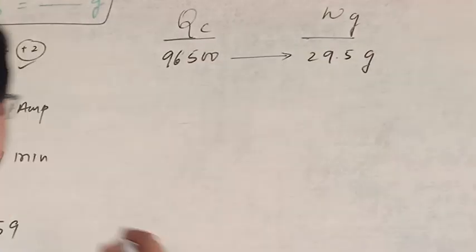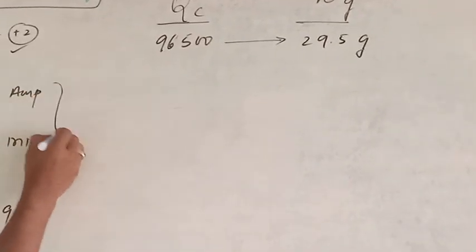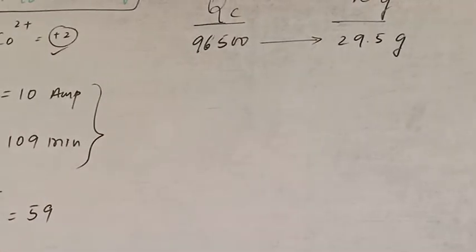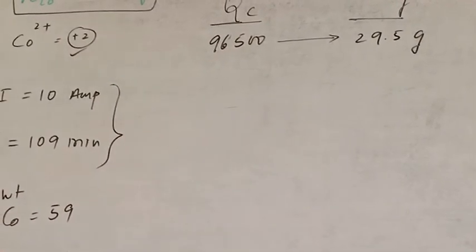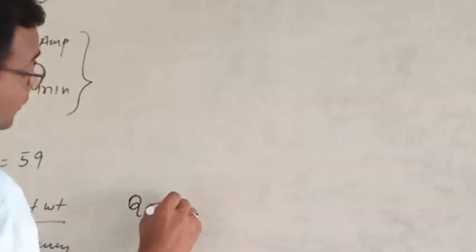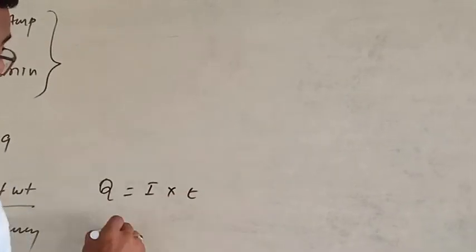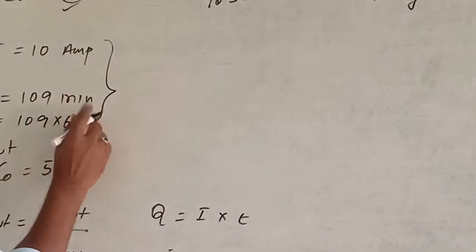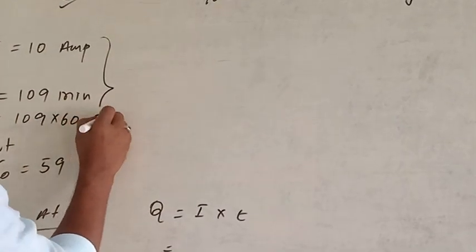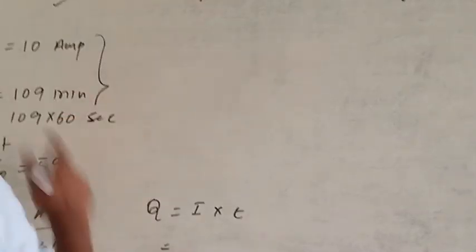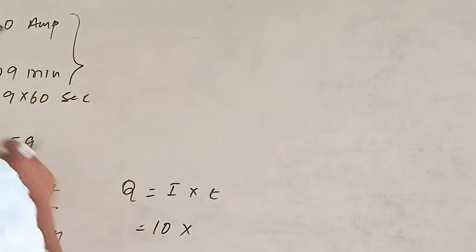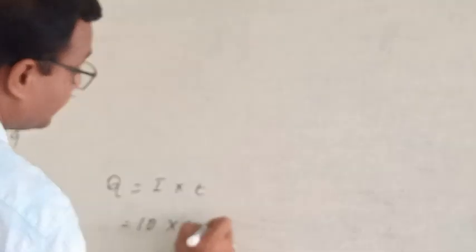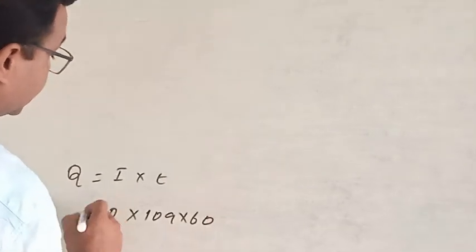Then, for this quantity of current, the first law of Faraday says that Q is equal to I into T. T must be in seconds. Then we can convert 109 into 60 seconds, with 10 amperes. 109 into 60 seconds.